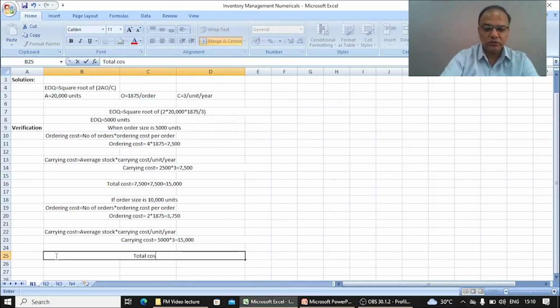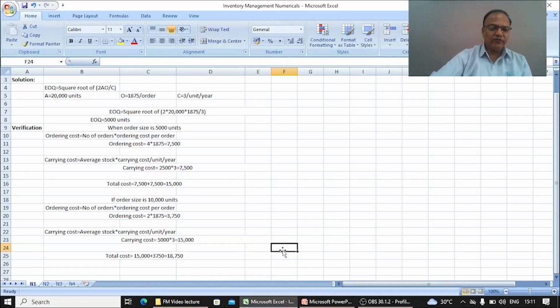Now, total cost is equal to ordering cost plus carrying cost. It is 15,000 plus 3750 is equal to 18750.